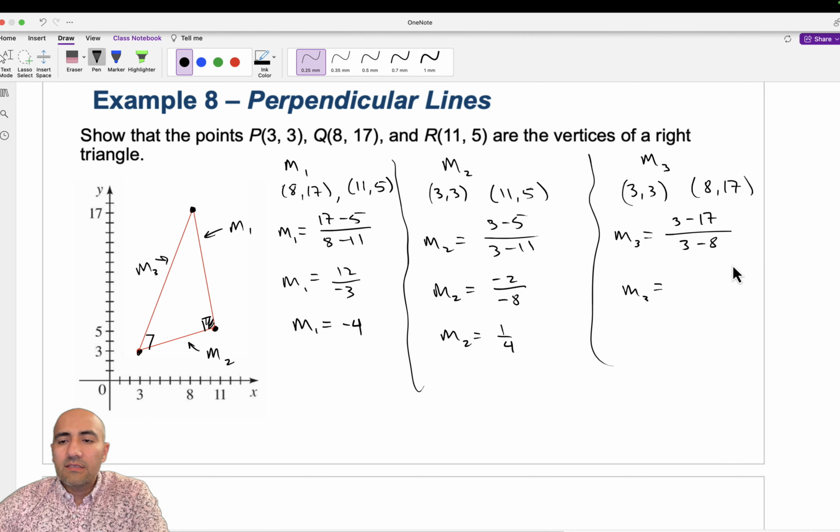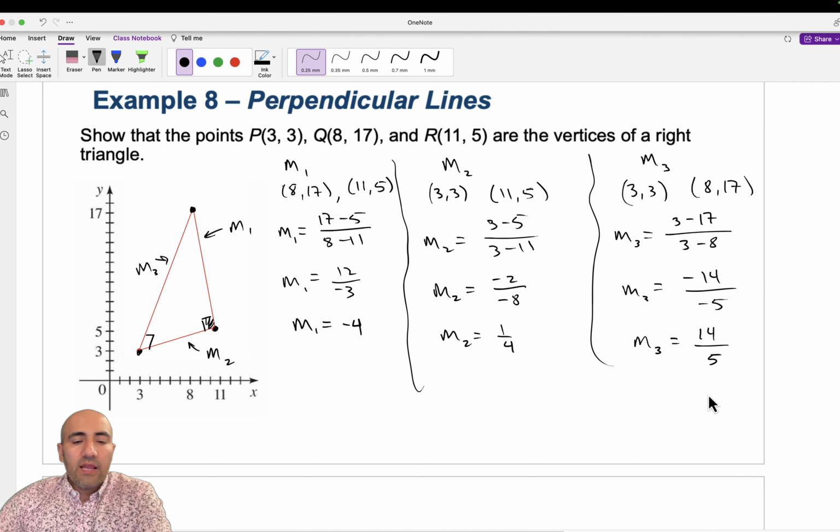And m sub 3 is equal to negative 14 divided by negative 5, or m sub 3 is equal to positive 14 over 5. Okay, so now our goal is to see if when we multiply two of these, the answer is negative 1. And right away we could see that these two work out.